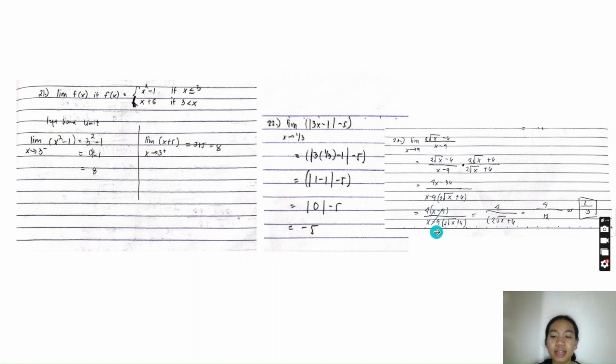So since we have seen x minus 9 in its denominator, then we can cancel them together. Now, the remaining answer is 4 all over the quantity of 2 times the square root of x plus 6. Now, in this case, since it is simplified already, then we can substitute 9 in the x.